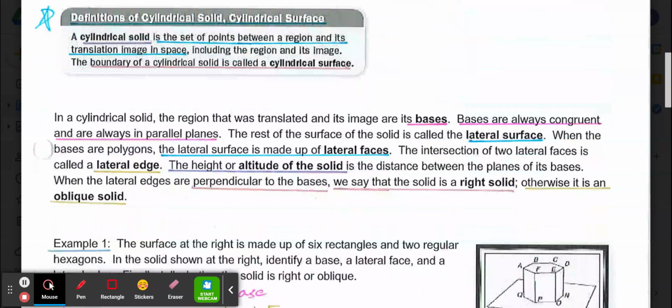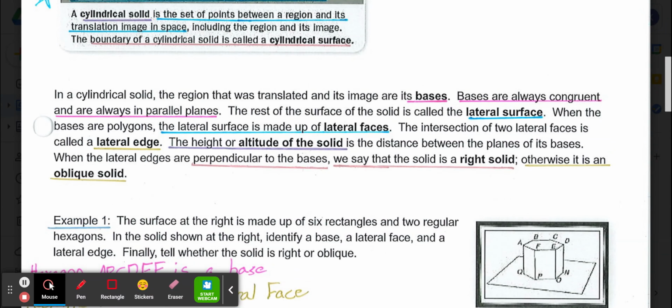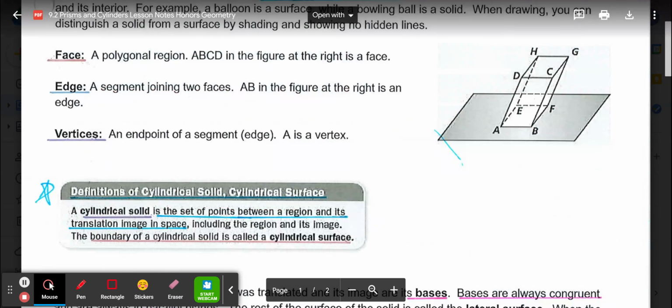Making more sense of that, breaking it down, in a cylindrical solid, the region that was translated and its image are the bases. Bases are always congruent and are always parallel planes. So like here, ABFE and DCGH are parallel and congruent.